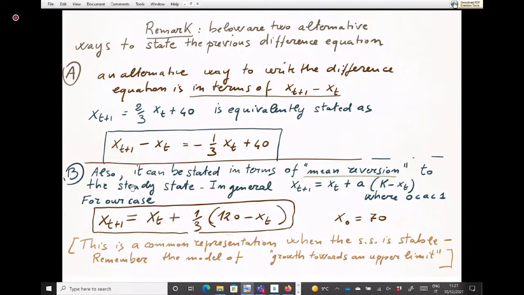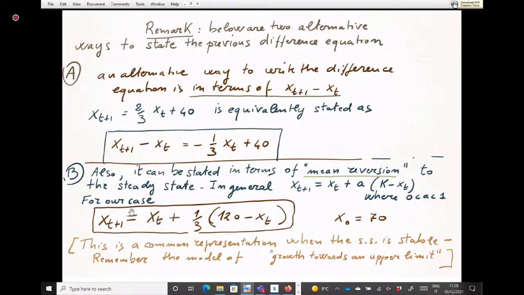Growth towards an upper limit: x_{t+1} is equal to x_t plus 1/3 that multiplies 120 minus x_t. If you write this in this way, the coefficient was with a negative sign, so the sign must be plus here. Here you put the steady state, and the deviation between the steady state and x, okay?